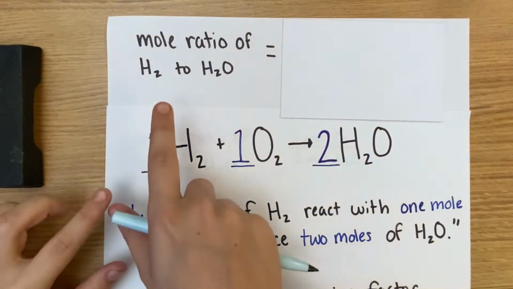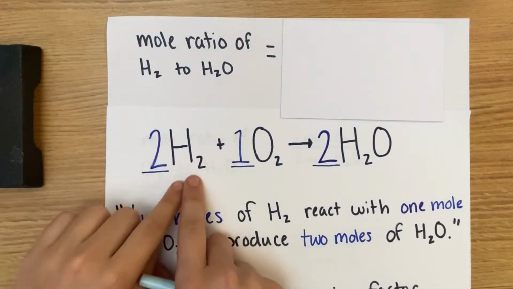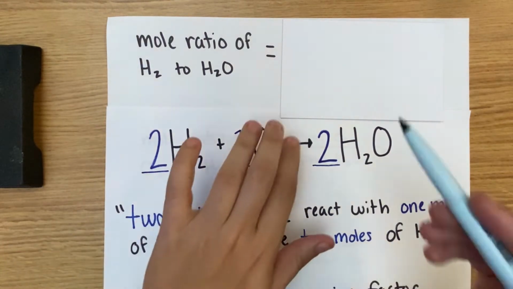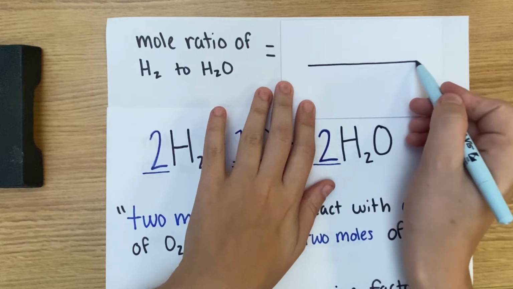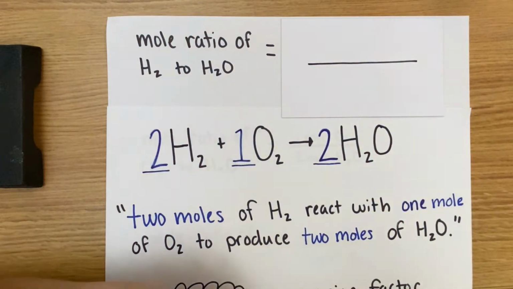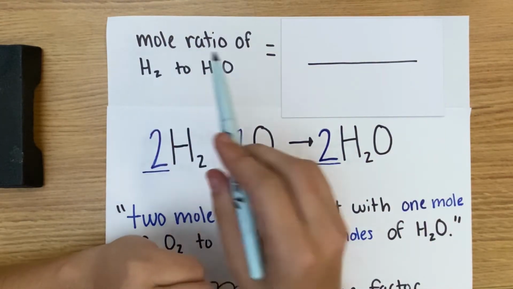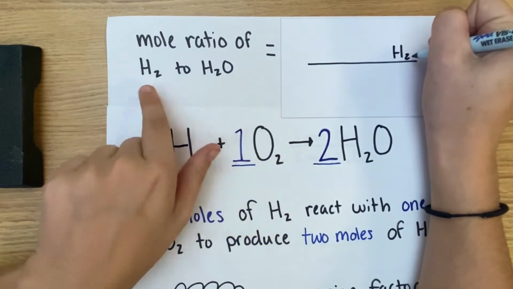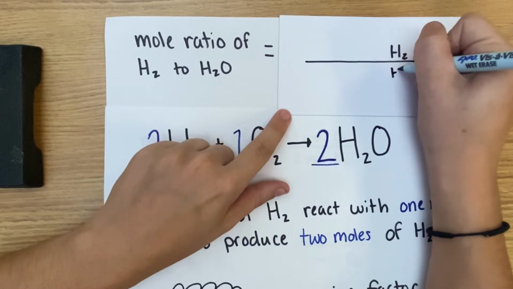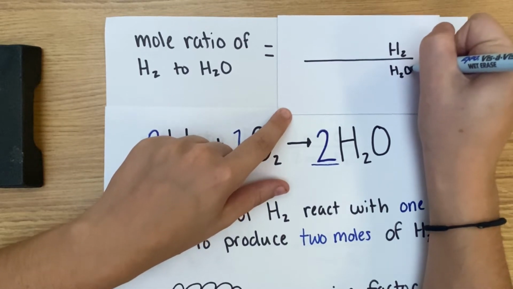Let's say we wanted to know the mole ratio of H2 to H2O. When we write a ratio or any kind of conversion factor, we usually write it in the form of a fraction. And since it's the ratio of H2 to H2O, we're going to have the H2 on top and the H2O on the bottom.